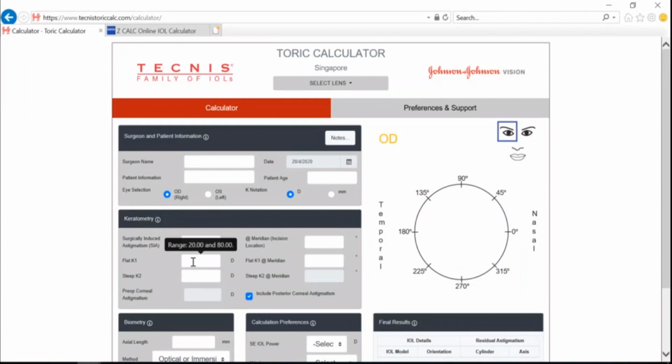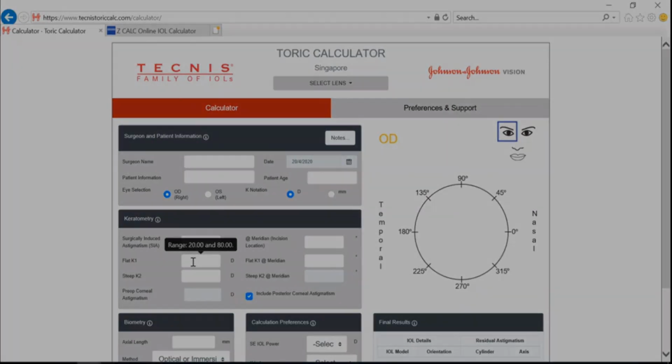What is the instrument called? The Bausch and Lomb instrument for measuring cornea. Anyway, there are some topography devices that can offer posterior corneal astigmatism measurement as well.